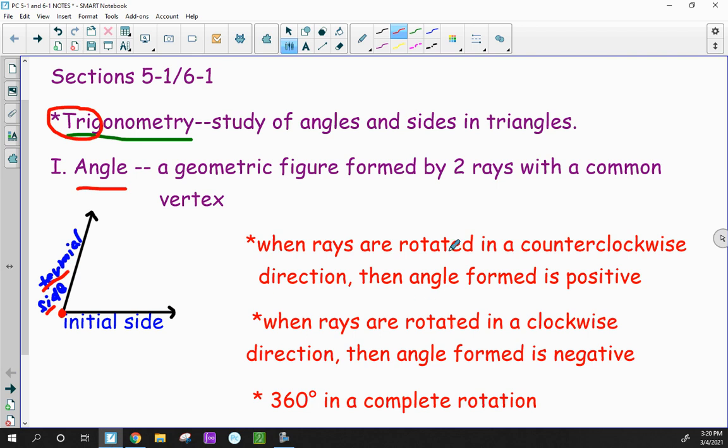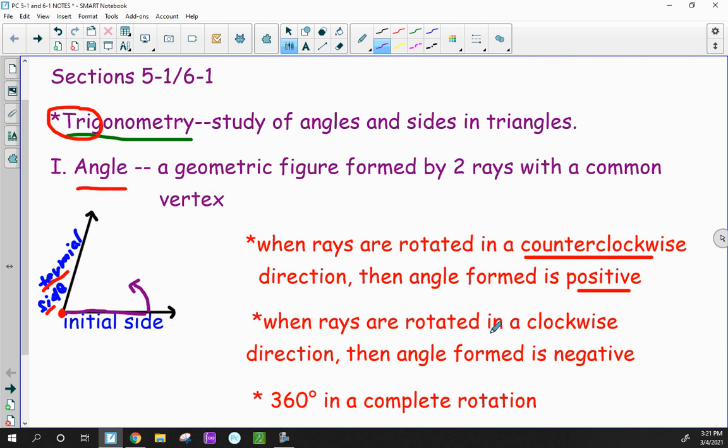When rays are rotated, rotation, remember, means turn in a counterclockwise direction, the angle formed is positive. So when I have the initial side drawn on top of the x-axis, pointing towards the first quadrant, and I swing the angle open, I rotate it counterclockwise, then this direction will form a positive angle, depending on where the terminal side lands.